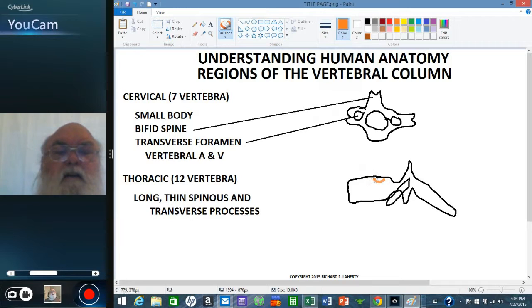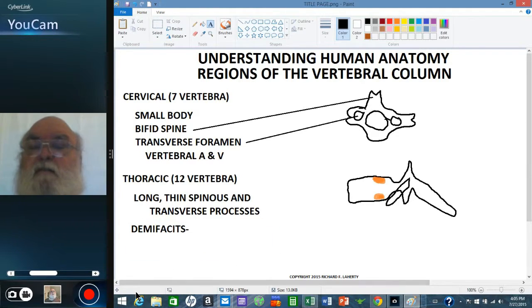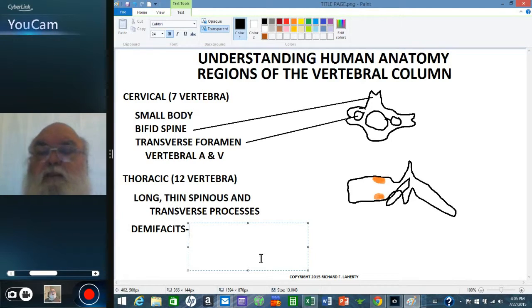On the body, on the superior and inferior sides of the body, we have a pair of demi-facets, and the demi-facets articulate with the head of the rib.